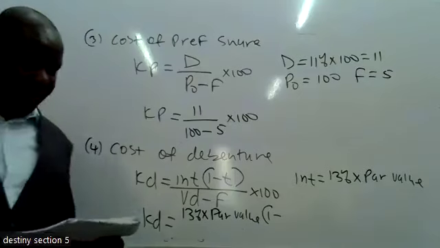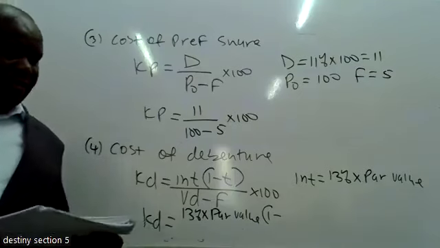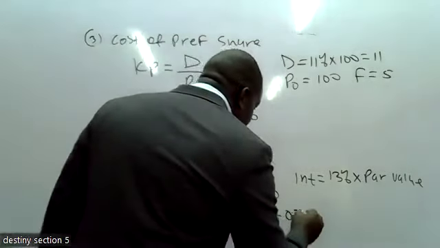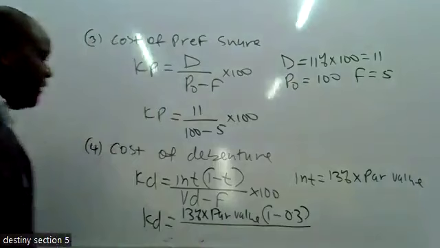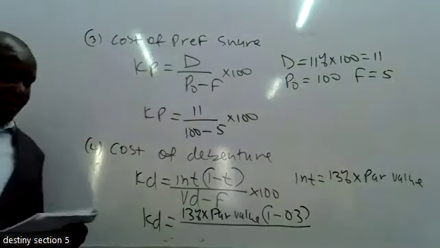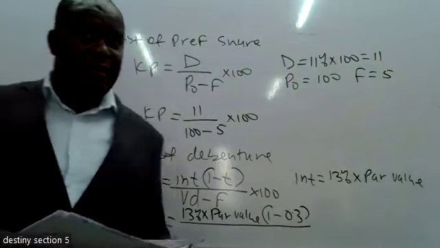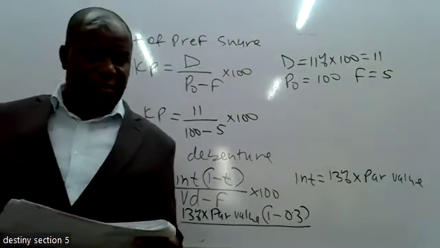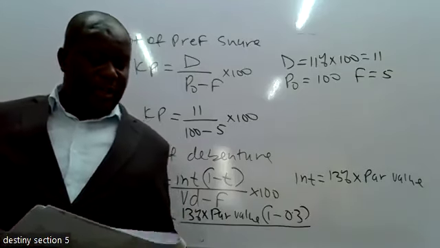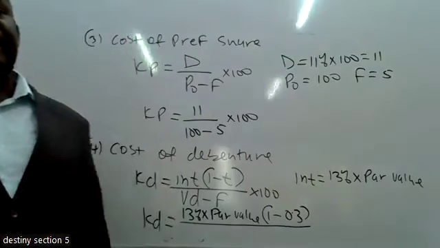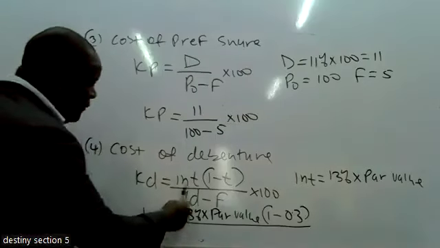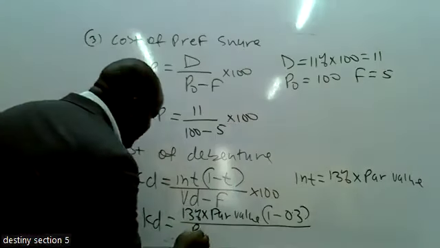The corporate tax was given in note number 5 as 30%, which is the same as 0.3. Then we divide by the current value for the debenture, which is also given under that. The debenture will be issued at par, so the current value is the same as the par value.